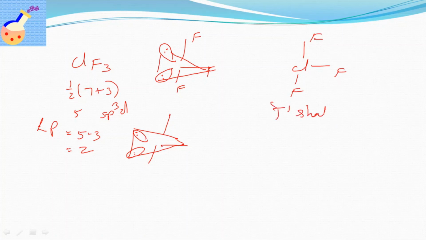So this is the lone pair. This is the shape of the molecule. So what is the shape of the molecule? It is a T-shaped molecule, right? So you can write it as a T shape. What is the hybridization? sp3d hybridization. Got it? So in this way we can easily solve the shapes of molecules.